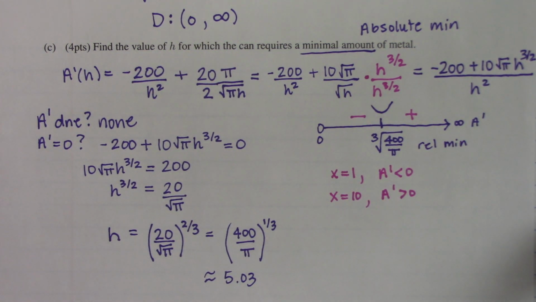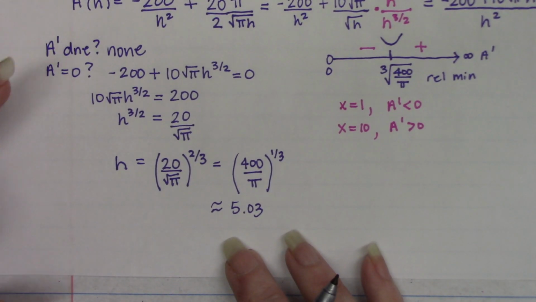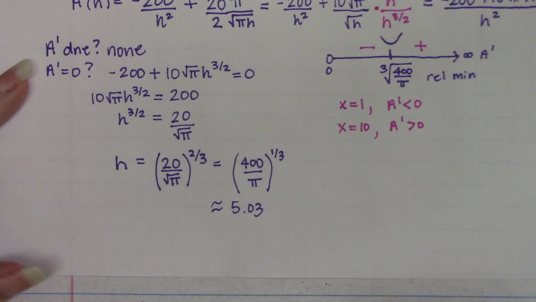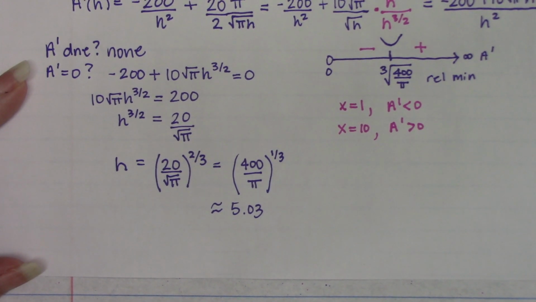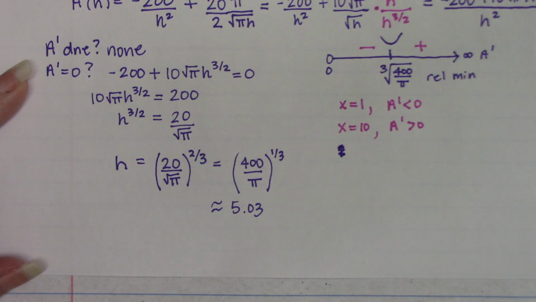Now the question is asking for the absolute minimum. So you have to make an argument, when you're doing either the first or second derivative test, of how you know that this relative extrema is the same value you want for your absolute extrema. When this happens, there's an important fact for any of you that took the flip class, something we definitely showed you in the workbook. If there is exactly one critical value on your domain, you can make the argument that that relative extrema must also be an absolute extrema.